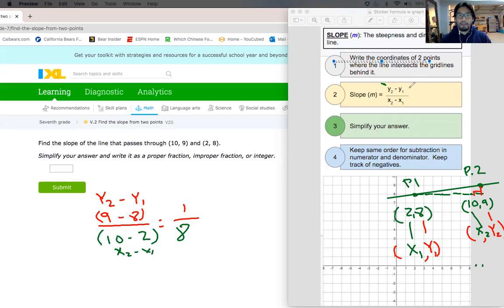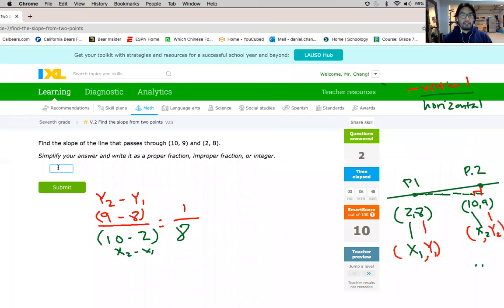It is the ratio of the vertical change to the horizontal change. The y coordinates are your vertical. Your x coordinates are horizontal, going left to right. Vertical is up and down. And so you can see that that ratio is 1 to 8 on any point in that line.